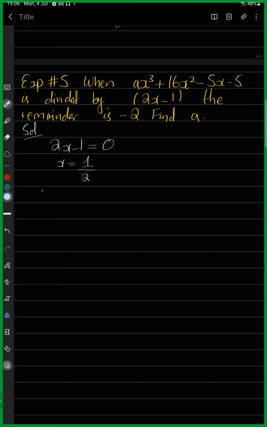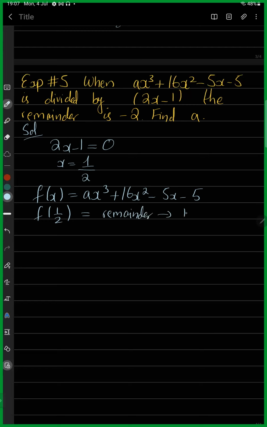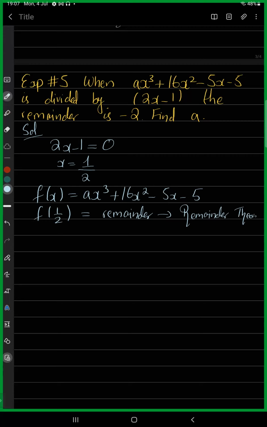The polynomial is f of x equals ax cubed plus 16x squared minus 5x minus 5. And the remainder would basically be equal to f of 1 by 2. So f of 1 by 2 would be equal to the remainder. This is the remainder theorem basically, right?